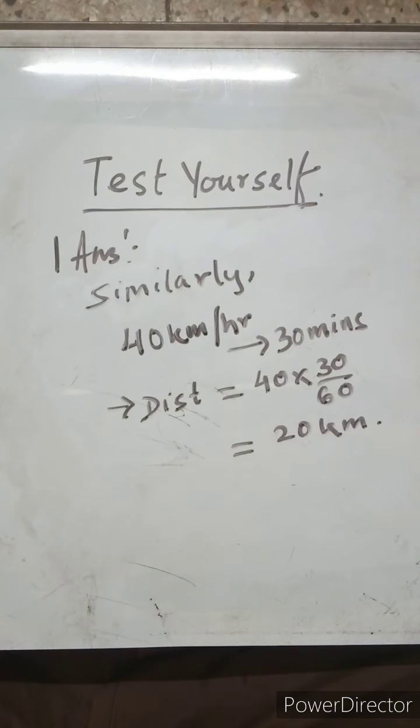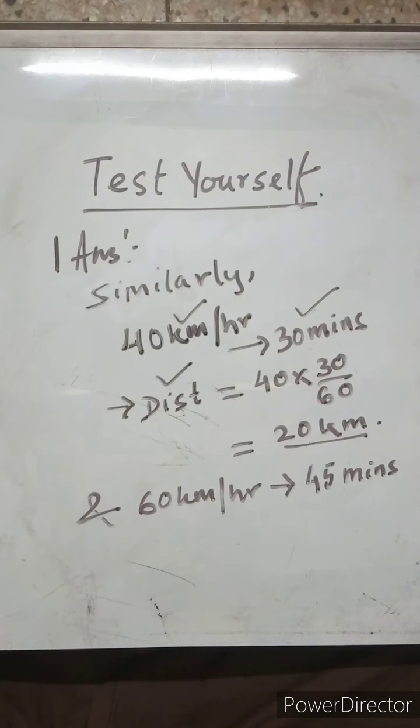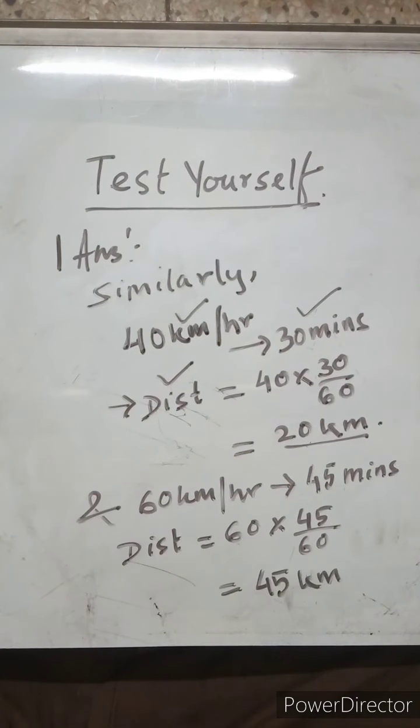Now in the next part, 40 kilometers per hour for 30 minutes, right? Again the same thing, distance is equal to speed multiplied with time. So 30 minutes means 30 by 60 hours, so that gives me 40 multiplied with 30 by 60, which is equal to 20 kilometers. And again the next part, 60 kilometers per hour for the rest of the time, that is 45 minutes, and that gives me 45 kilometers.